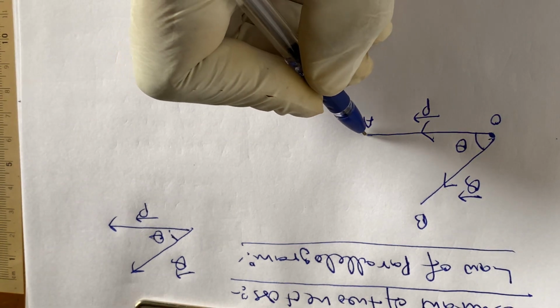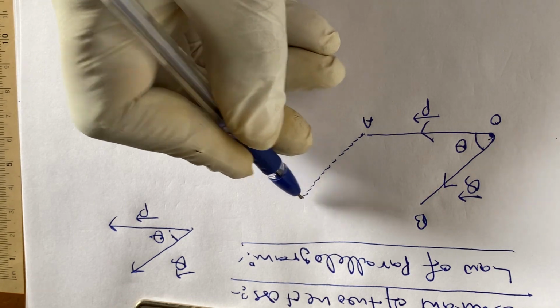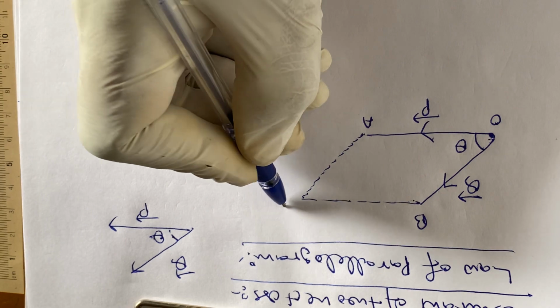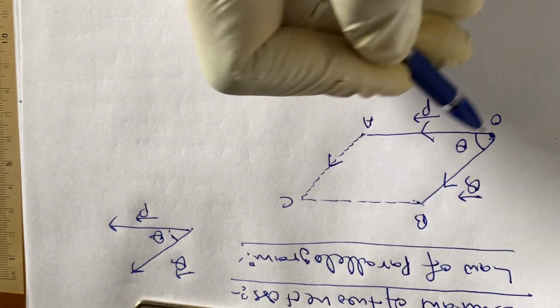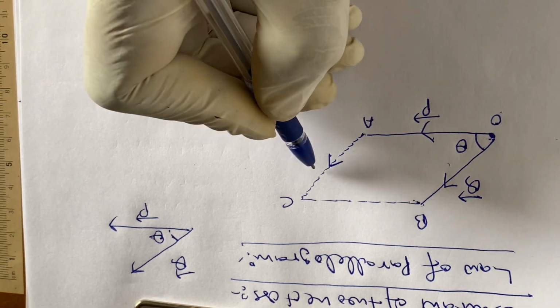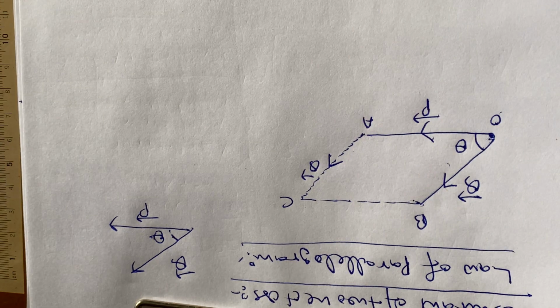So first, try to make the parallelogram. Since AC is parallel to OB and in the same direction, we can write this is also vector Q.